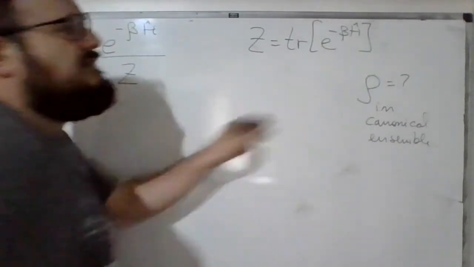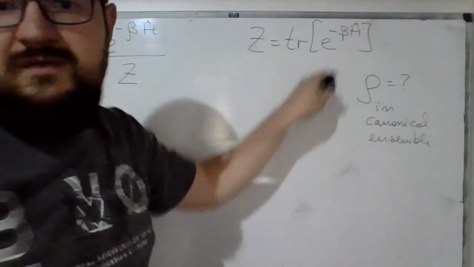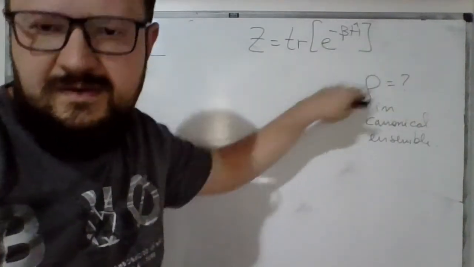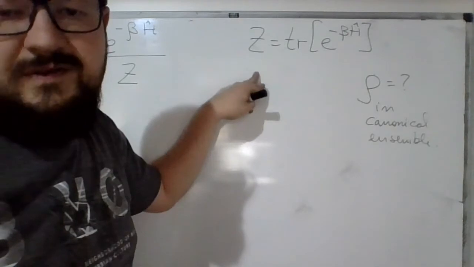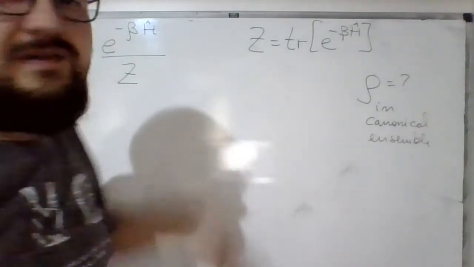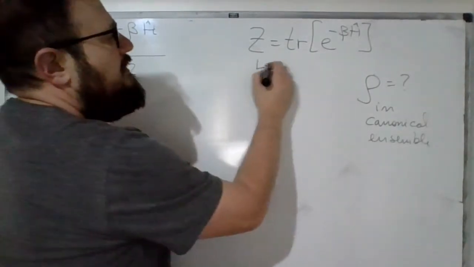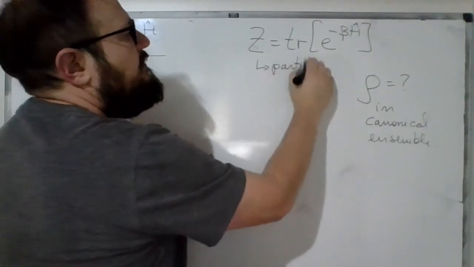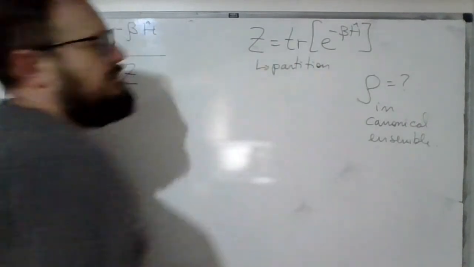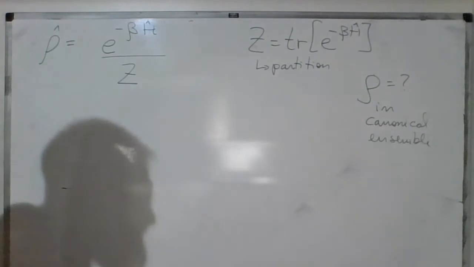This is for any given system, for fermions, bosons, or whatever. It is the partition function in the quantum statistics of your system. So this is called the partition function.